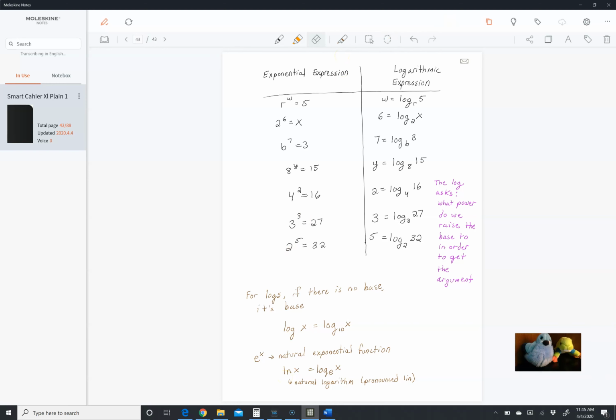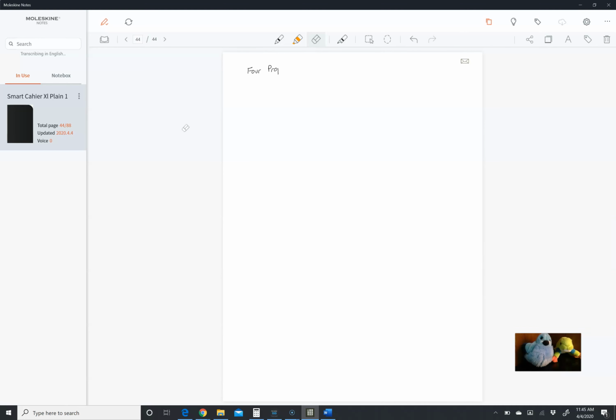So let's go through and write out the 4 properties. So I'm going to write them out first. We'll prove 2 of them. There is no particular order to these properties. The last one we're actually not going to be using for a while, or not in this lecture at least.